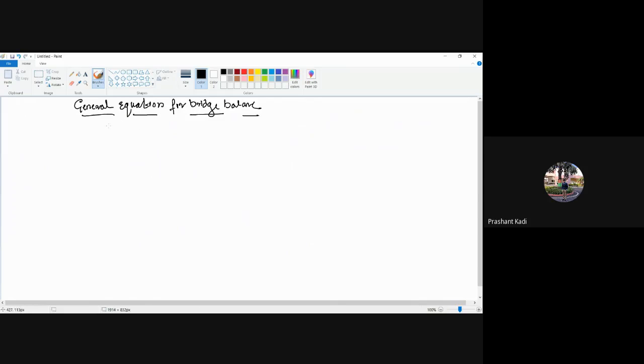Underline the word. Build on a simple bridge network. Remember, each arm of the bridge has an impedance. The bridge may have resistance, inductance, and capacitance, or it may have resistance and inductance. So in general form, we represent each arm by an impedance.